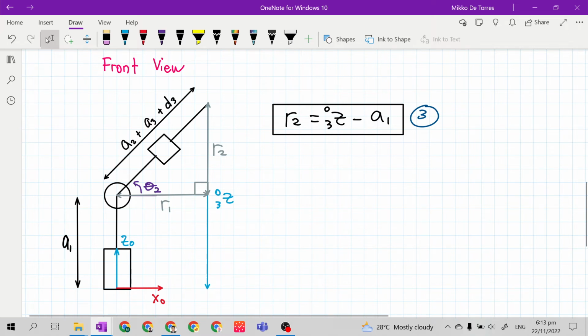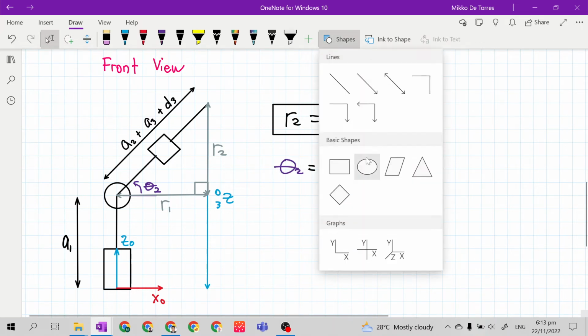The formula of tangent is opposite over adjacent. So theta 2 is equal to inverse tangent of R2 over R1. Okay, so we now have the solution for theta 2.